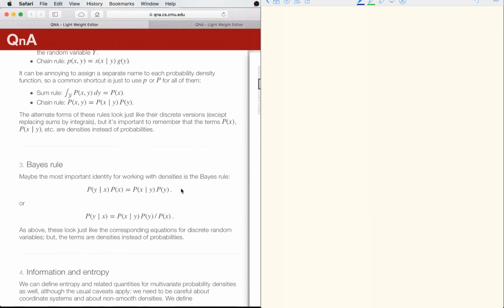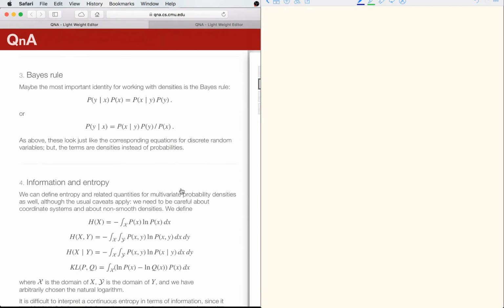The most important single identity is probably Bayes' rule. It looks, again, exactly like it did in the discrete case, except for replacing the probabilities by densities. When you're working with multiple continuous random variables, a lot of the time you can forget that they're continuous.